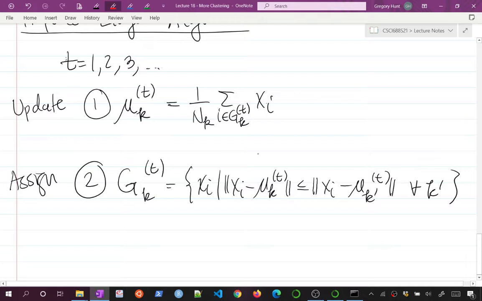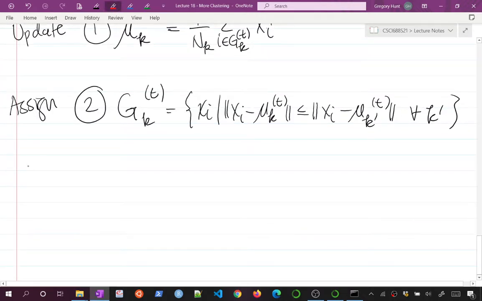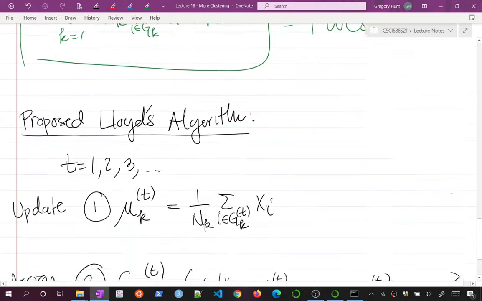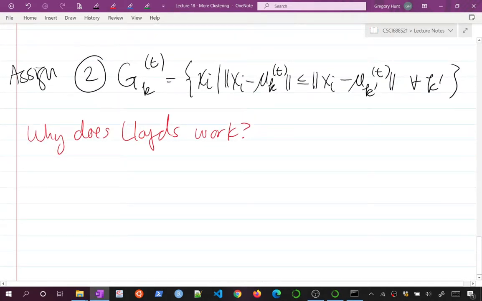And then it updates the means, and then it minimizes that, and then it updates, and then it minimizes it. And so the question is basically, why does Lloyd's algorithm work? Why is this achieving what I want it to, right? I want it to minimize this quantity, which we've mathematically shown is basically our within cluster total dissimilarity. And so one way you can think of this is we could generalize.